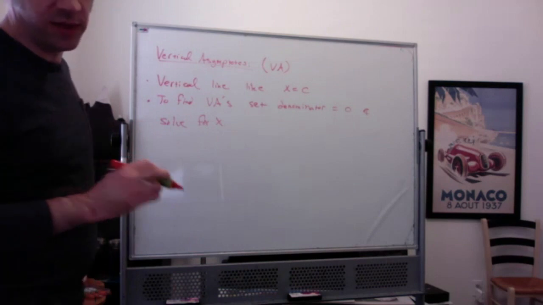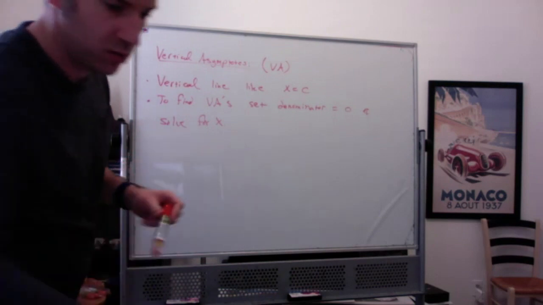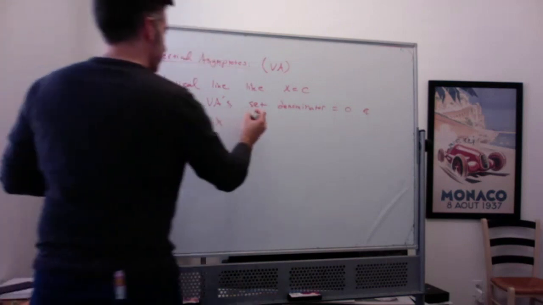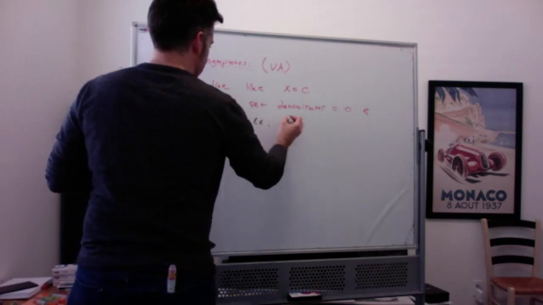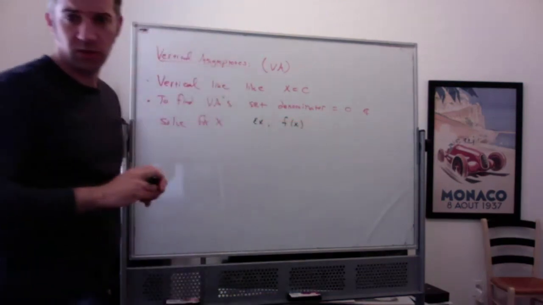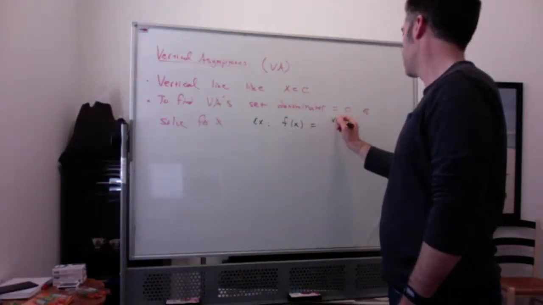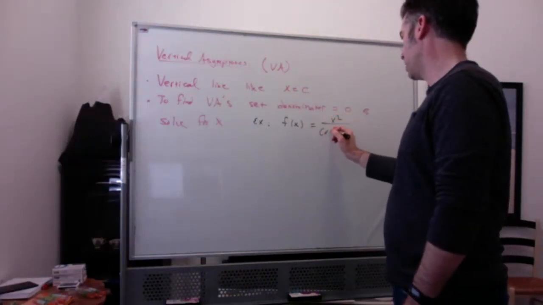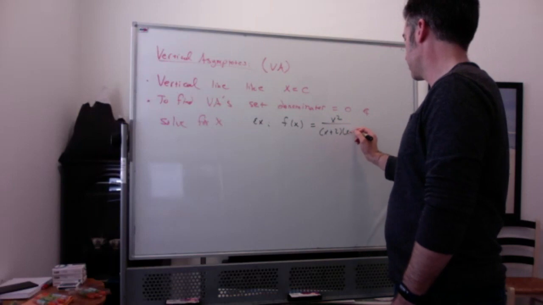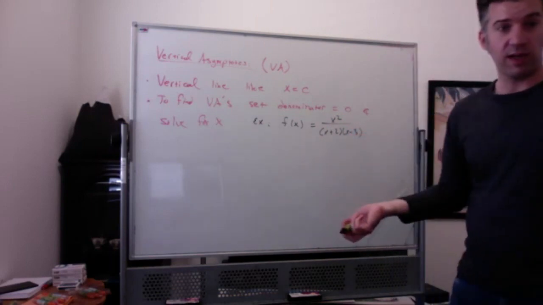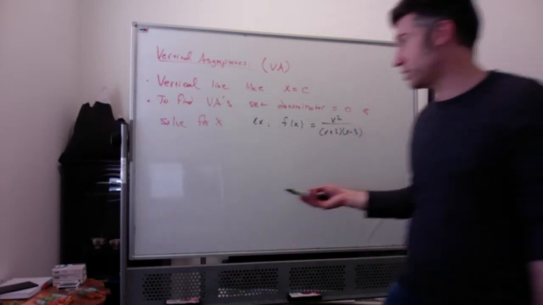An example of this would be f of x equal to x squared over x plus 2 times x minus 3. To find the vertical asymptotes, I would set the denominator equal to 0.